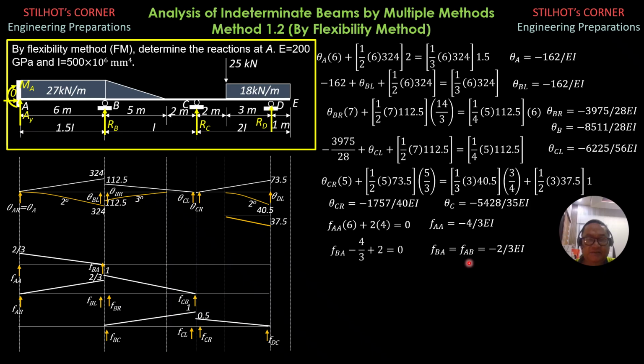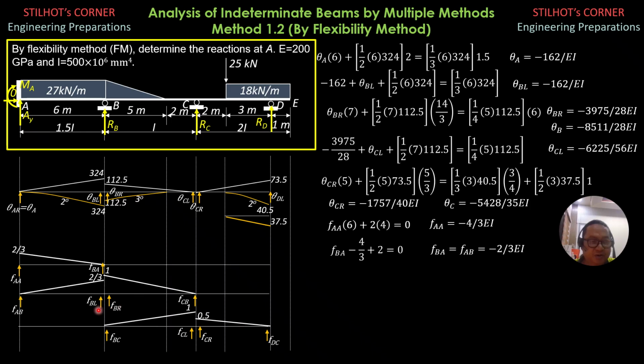This is from Maxwell's law of reciprocal deflections principle, that FBA equals FAB, FBC equals FCB. So take note of that principle. There's no need to compute that. But if you want to compute FAB, you can verify that it is still negative 2/3 by summing up moments about B, considering this diagram.